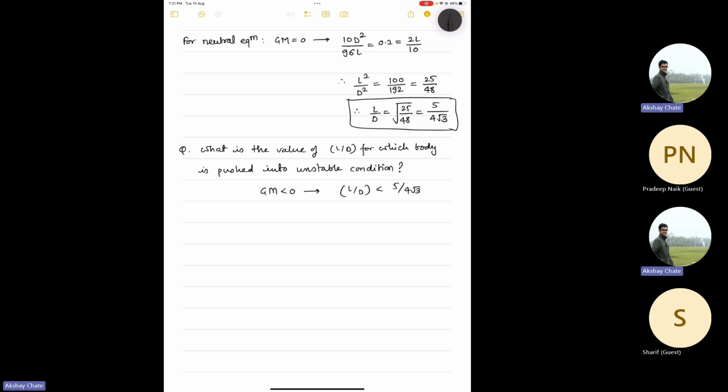Have you gone through Reynolds transport theorem? Anyone? Have you understood it? Why do we need Reynolds transport theorem first of all? Anybody? Guess? No one?